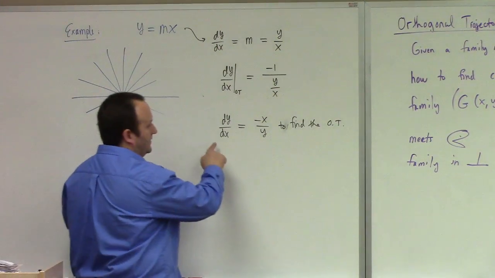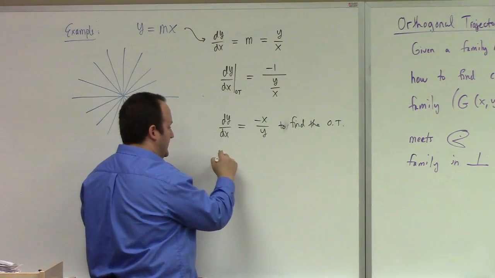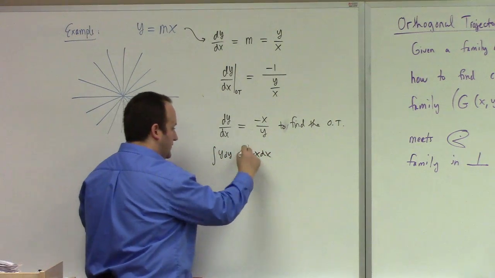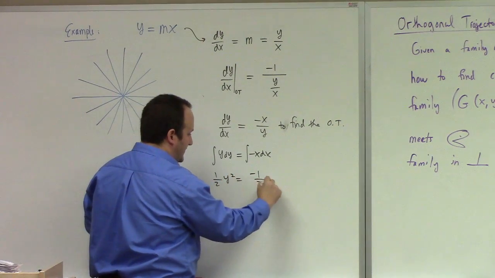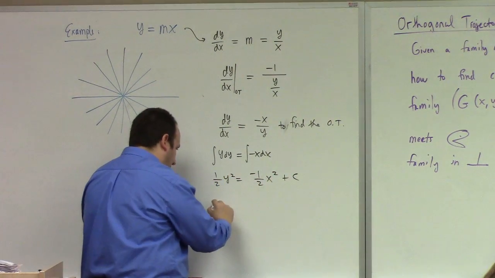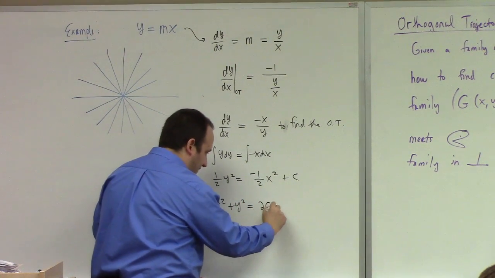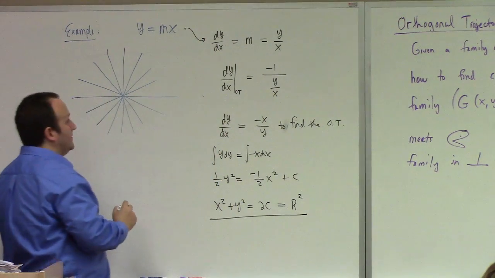Okay, so anyway, now we solve this. We've solved this before. I'll solve it again though. So this is y dy equals minus x dx. Integrate both sides. 1/2 y squared equals minus 1/2 x squared plus a constant, aka x squared plus y squared equals 2 times the constant, but I'll call that r squared because I think that's what you should call it.